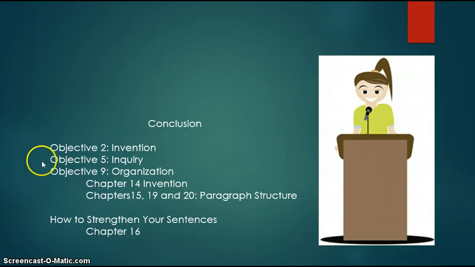And then we guide ourselves with that through inquiry, where we think through several questions and reason through several ideas. We put that all together in organization. And this followed chapter 14 with invention, chapters 15, 19, and 20 with paragraph structure. And then we ended with how to strengthen your sentences from chapter 16.